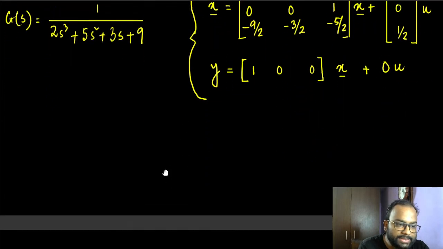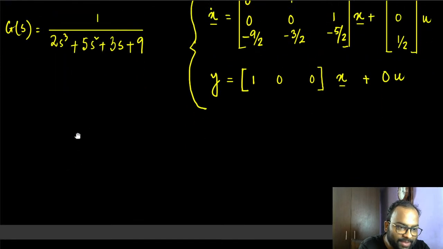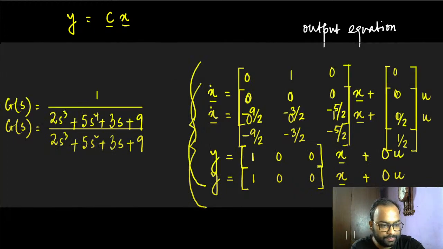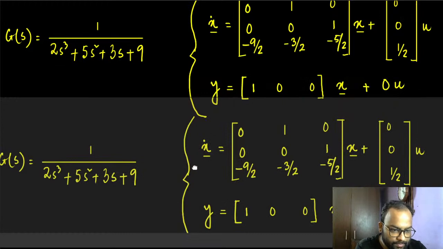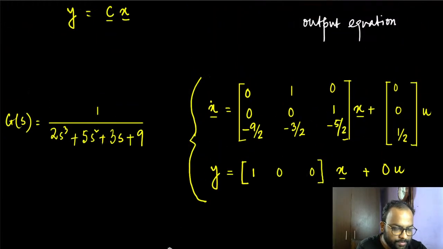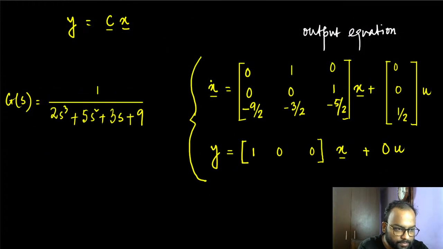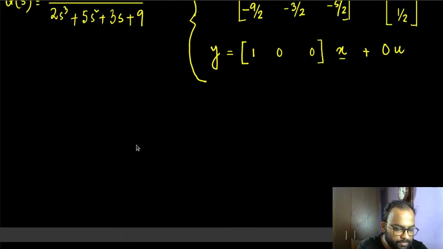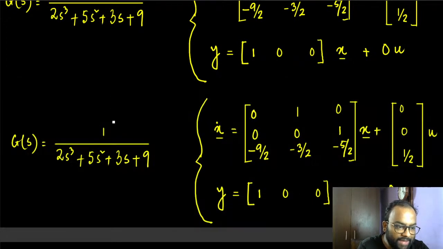Now let's say, instead of having a 1 here, what if I have something else? Instead of having 1 here, what if I have something like 7?